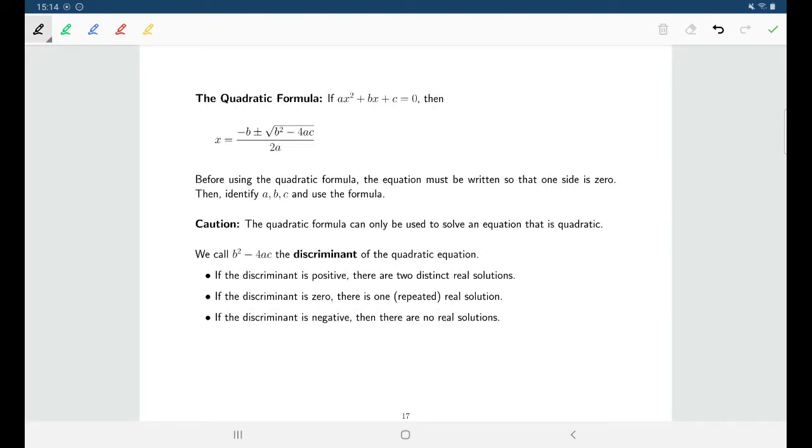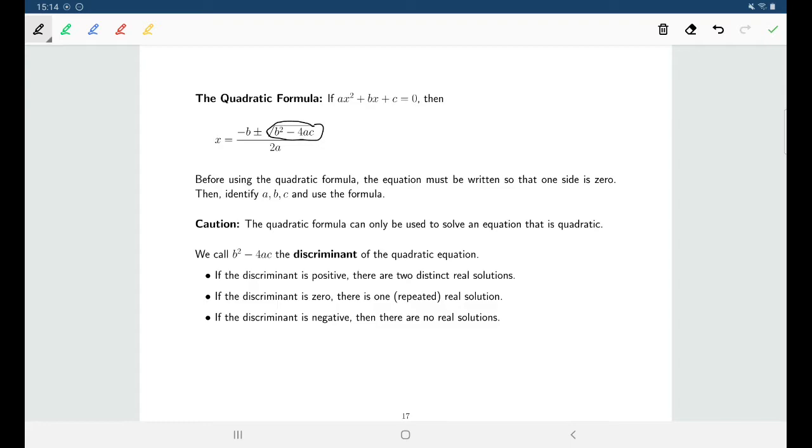But one thing also to keep in mind is that depending on what the value is of b squared minus 4ac, that's the discriminant of our equation, we'll either have two different solutions if it's positive, or we'll only have one solution, a repeated solution, if it's 0 for the discriminant.